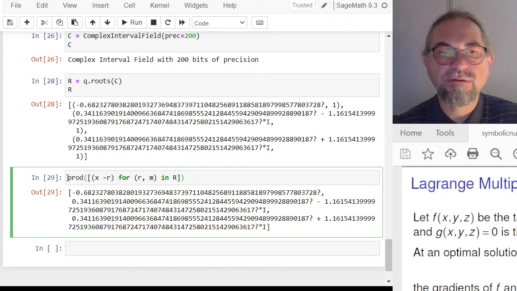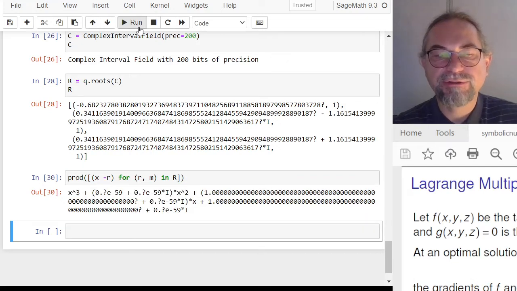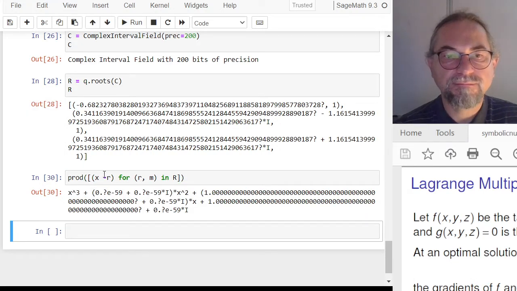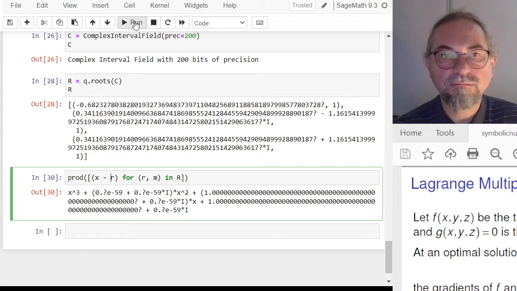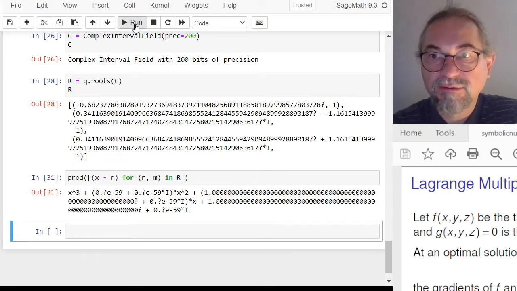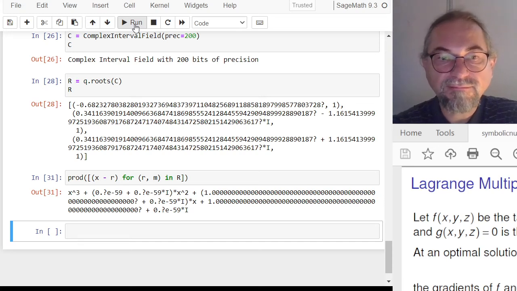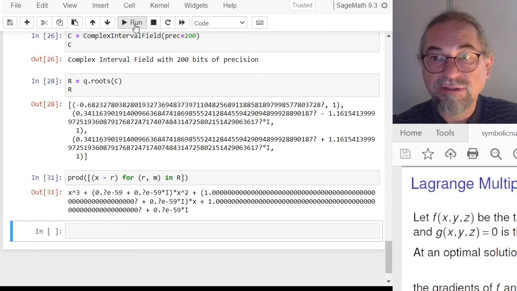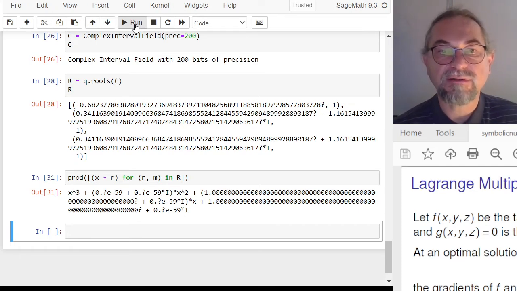So this is still a list comprehension, but the list comprehension is given to the argument of the product. You see that the product automatically expands, which is not so good here. Or on the other hand, it is an indication that there is not going to be any expression swell.